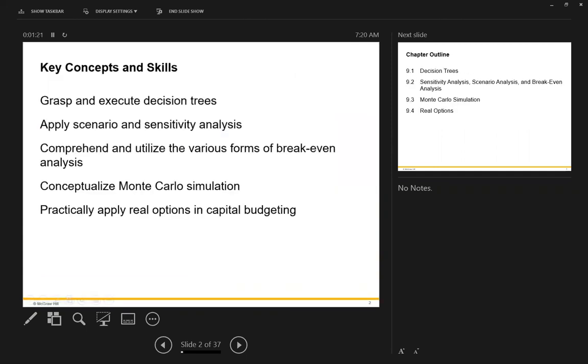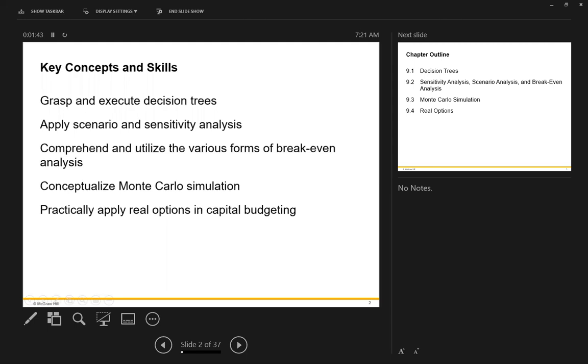So we're going to look at ways companies use net present value to make decisions. One item is called the decision tree. Another is applying scenario and sensitivity analysis.